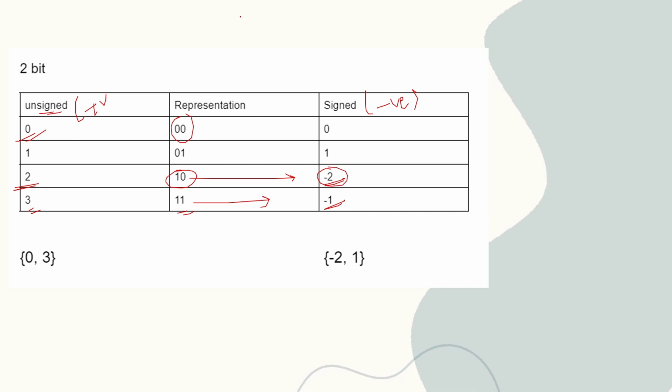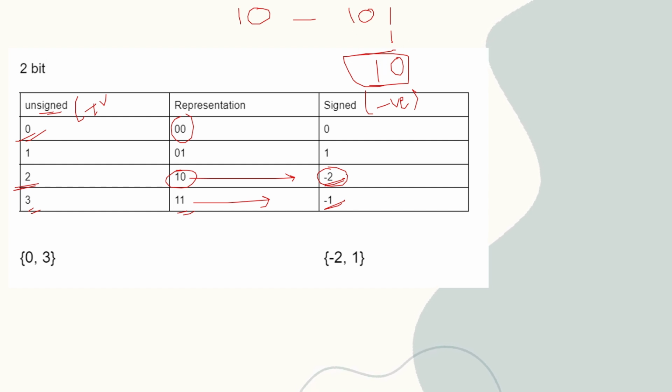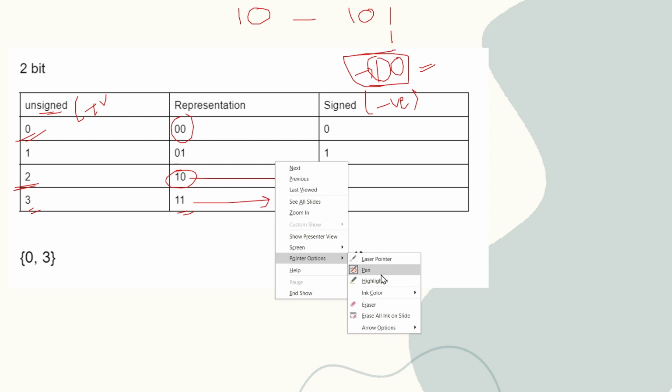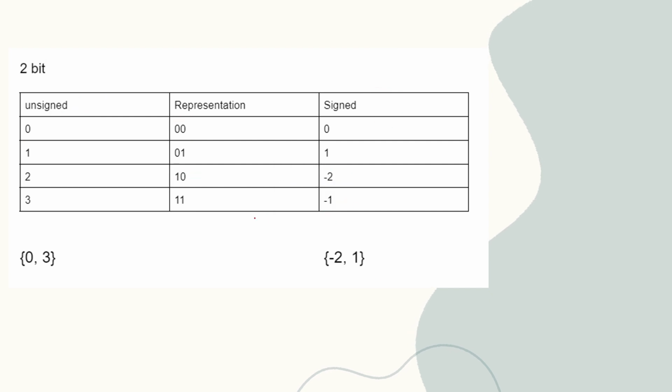Okay, so let's try to see 10, you try to negate it, it becomes 01, then add 1 to it, right? 1 plus 1 is not 2, I think you know it, right? So I'll do something called negation here. And then it's a representation of 2 and it's a negative sign, right? So that is the representation of these things, right?